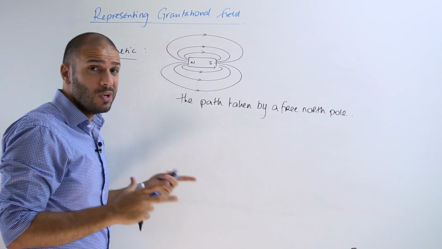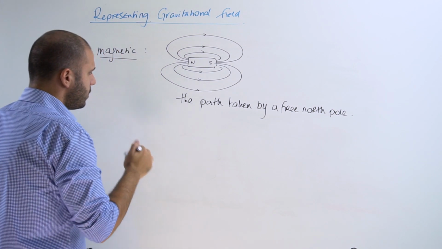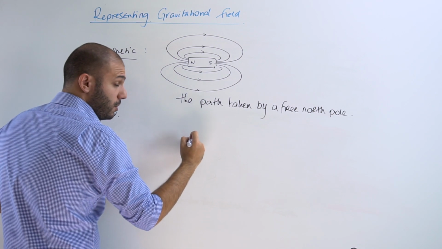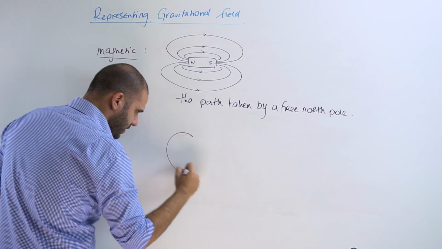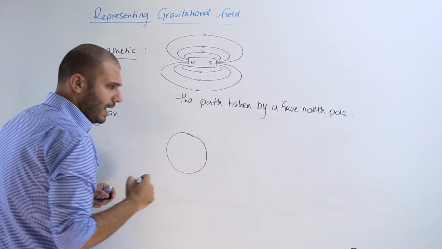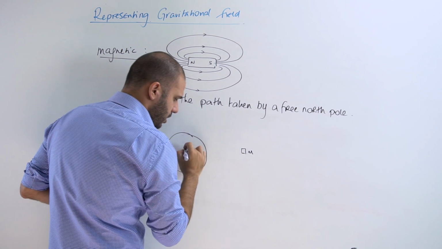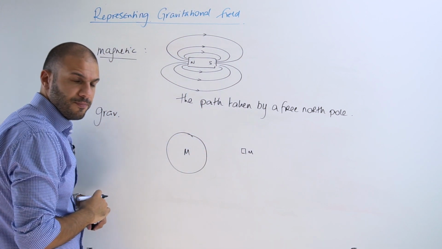This would be the same with gravitational fields, but this time around, for gravitational fields, you're going to have the mass at the center. Let's take this, say, to be Earth. And what kind of motion would another mass experience?